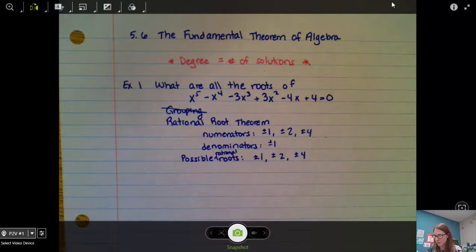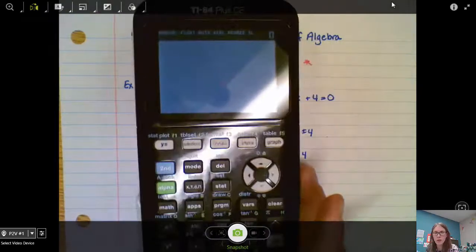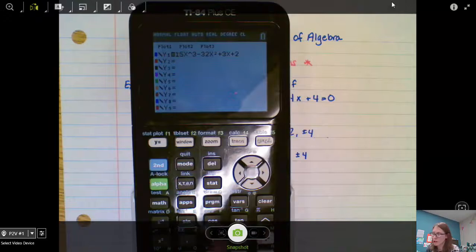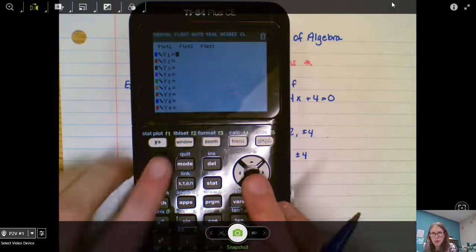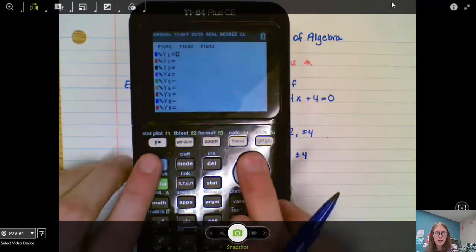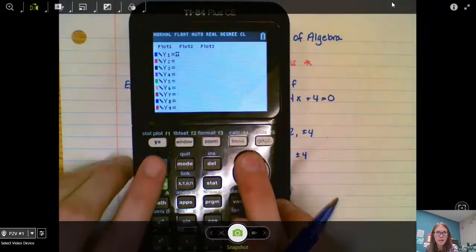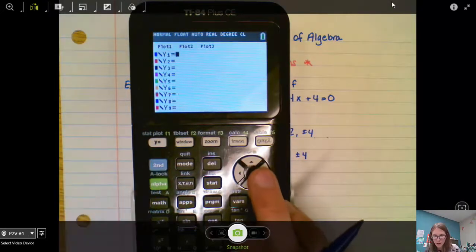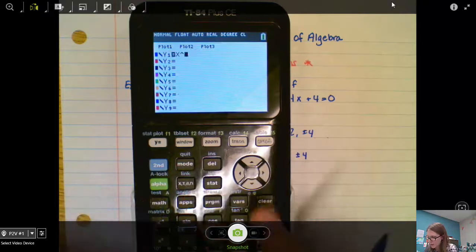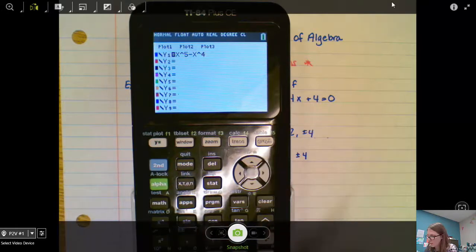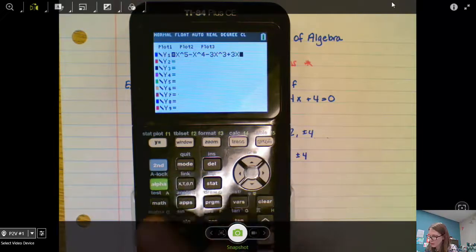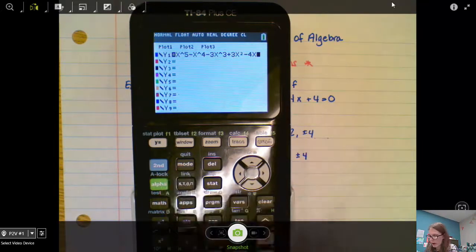The way that we check, if you remember our graphing calculator process, is we go to our calculator and type our equation in under y equals. My equation again was x to the 5th minus x to the 4th minus 3x cubed plus 3x squared minus 4x plus 4.